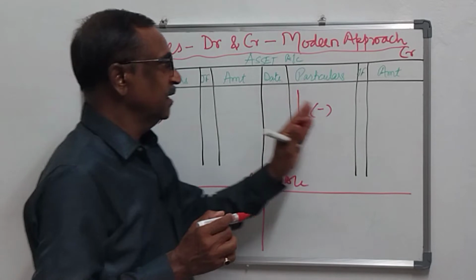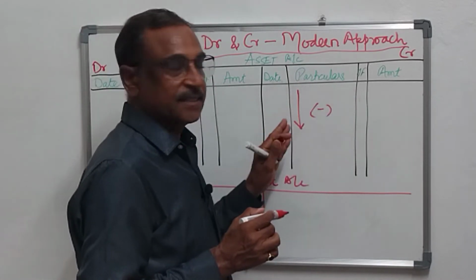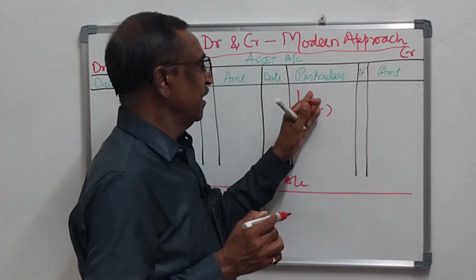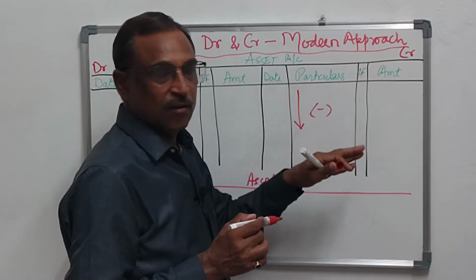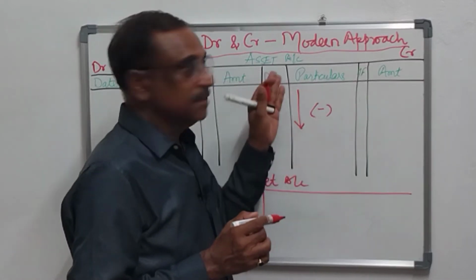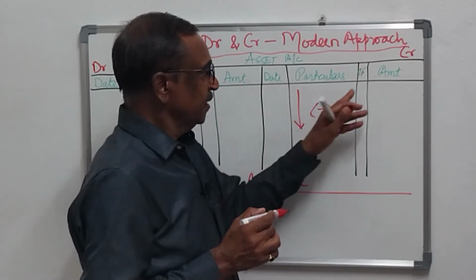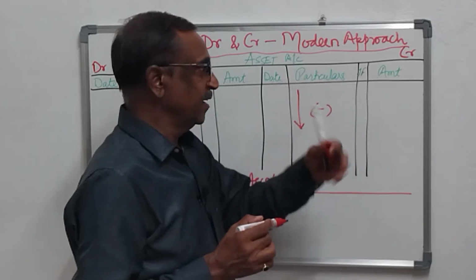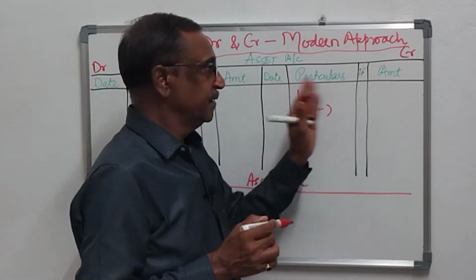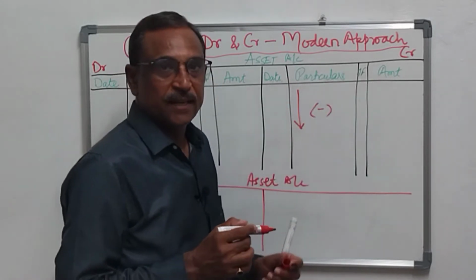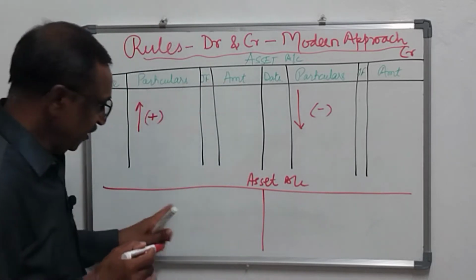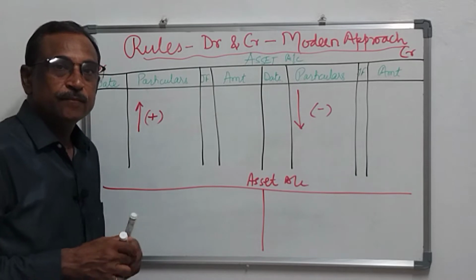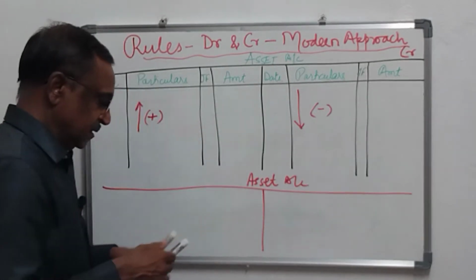Same thing on the right side or credit side. First of all, we have to write the date of transaction. Then we have to mention the accounts which are involved against this particular asset account. And the journal folio, that is the page number of the journal, where the transaction has been posted, and the amount. Clear? Now, I will be using this type of account to make you understand the rules.